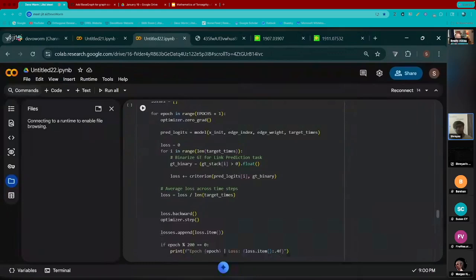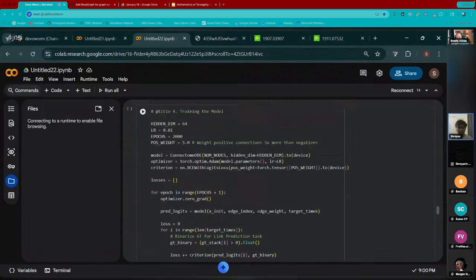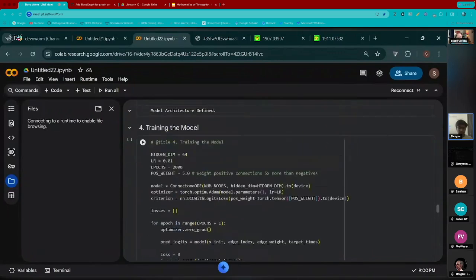But if some connection is off and it predicts on, the loss is sort of normal. If it predicts wrongly for the imbalanced class, then the loss is quite high. That is the way I tried to balance it. This is the positive weight for loss; 5 was the positive weight.